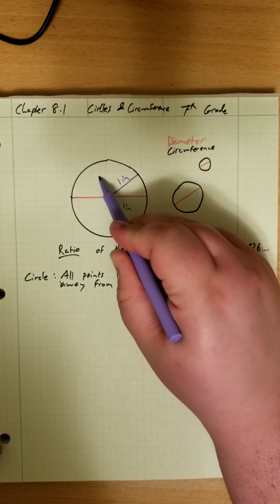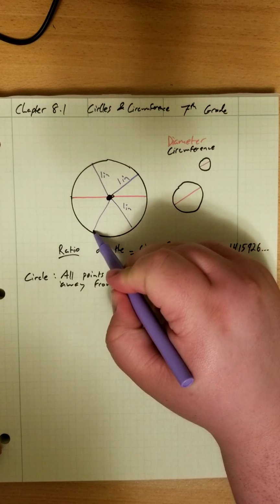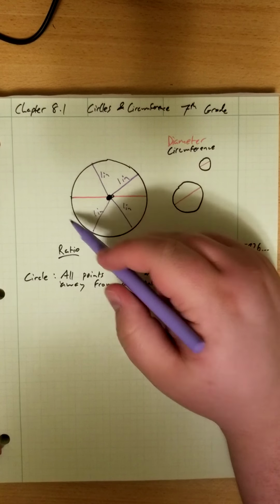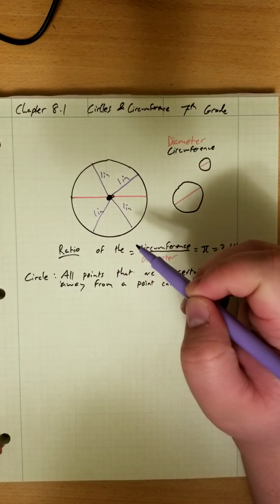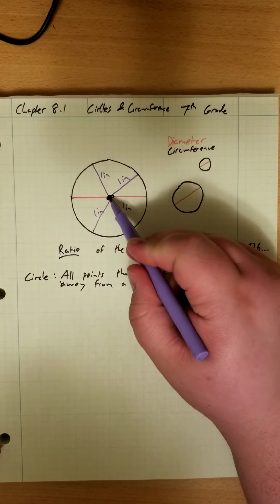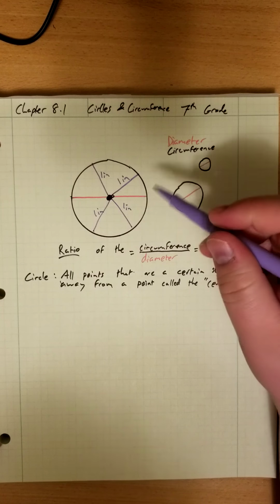If I go this direction, that's 1 inch. If I go this direction, that's 1 inch. This black line, this circle, is every single point that is an inch away from the center. So that's what a circle really is. It's every point that is a certain set distance away from a point called the center.